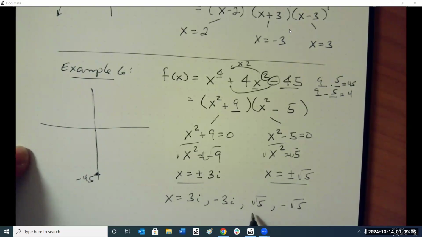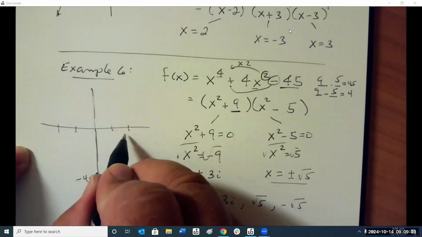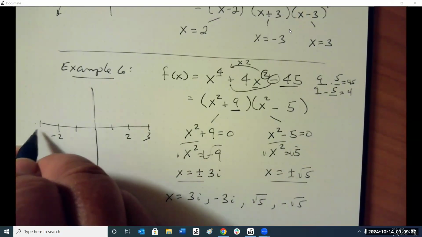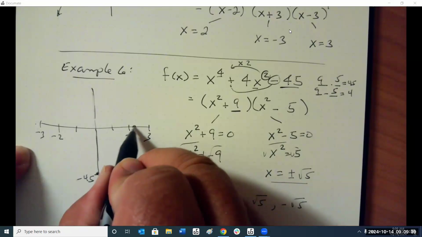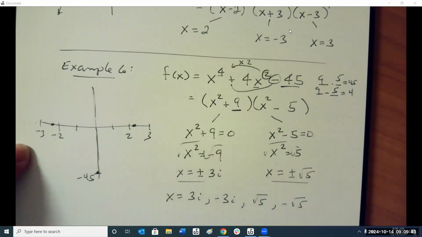Radical 5: the square root of 4 is 2, the square root of 9 is 3, so it's a little bit bigger than 2. So let's say it's that one. And negative is just a little bit bigger than negative 2.